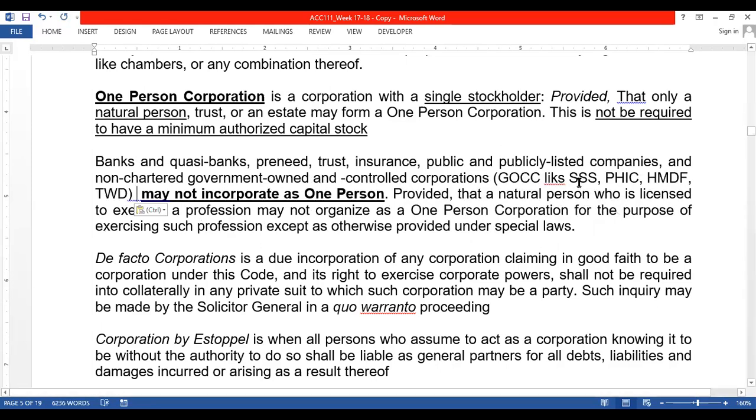Example of this one, yung mga SSS, PhilHealth, Pag-ibig, HDMF, no? And even the water district here in Tagum, they are not incorporated as one person. So, bawal sila in a one-person corporation. Okay.